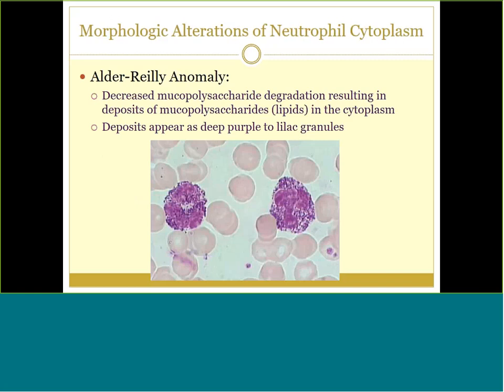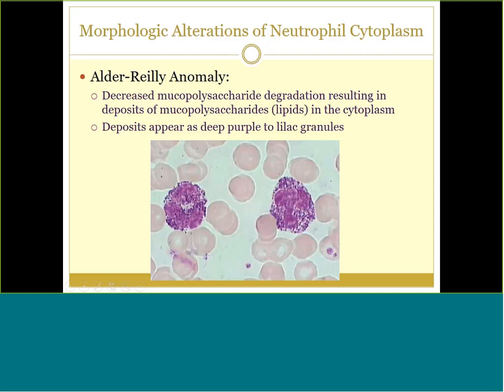All right, now to our next anomaly. Alder-Reilly, they're pictured there. It's again involving the neutrophil cells. So what happens in Alder-Reilly anomaly is that they have a lowered mucopolysaccharide degradation. Those mucopolysaccharides are not being broken down the way that they're supposed to be. And so as a result, they're building up. You get mucopolysaccharidosis, an elevated amount of those mucopolysaccharides in the cytoplasm.